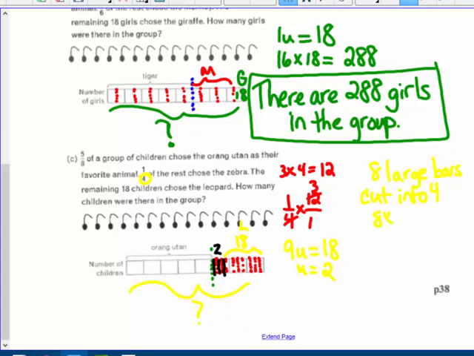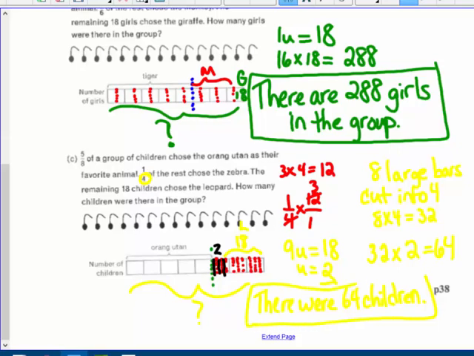Well, 8 times 4 would give me 32, so now I have 32 total units in my picture, and they are all worth 2. So 32 times 2 tells me that there were 64 children in this picture. I'm running out of space, so I'm just going to say there were 64 children. And that is the video for today.